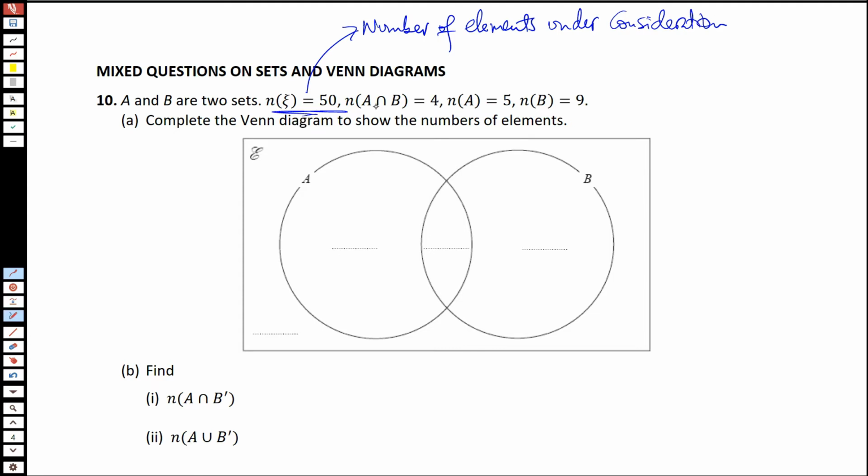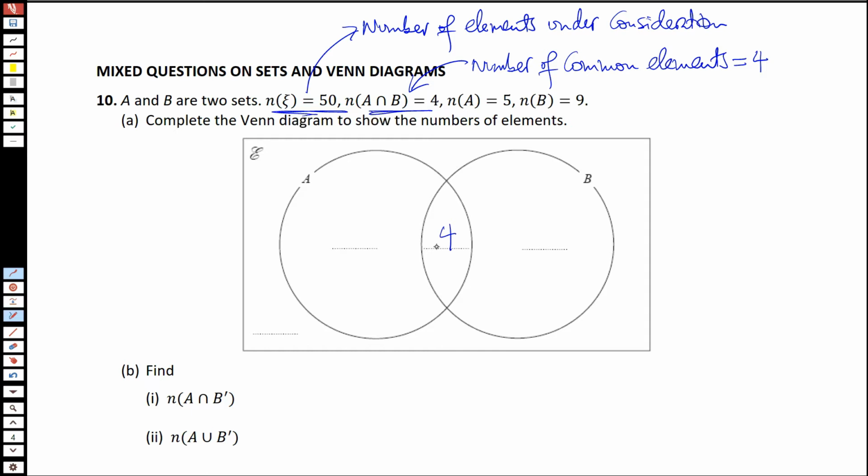So the number of common elements, and they are 4 of them. So basically we can put that here, but remember the numbers that you're writing in the Venn diagram are not elements. They represent the number of elements. Okay, so in the middle we have 4.